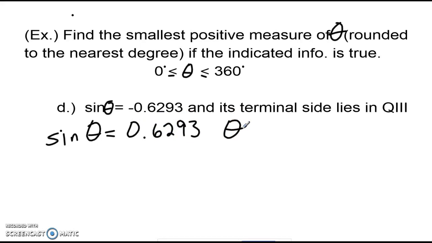So you plug it in as a positive and do your inverse sine function on your calculator. And let's go to the nearest degree. So second sine, 0.6293, and I get 38.99. So I'm going to round that to 39 degrees.